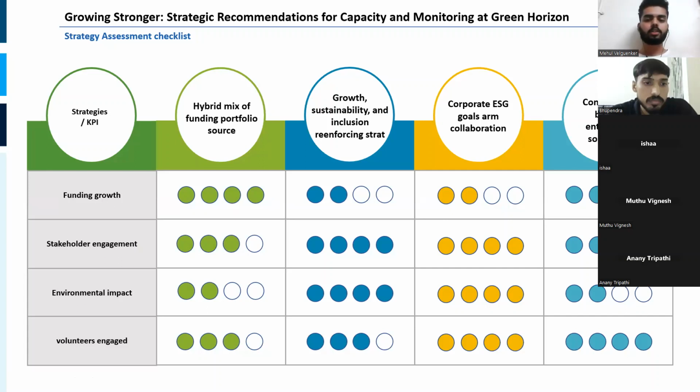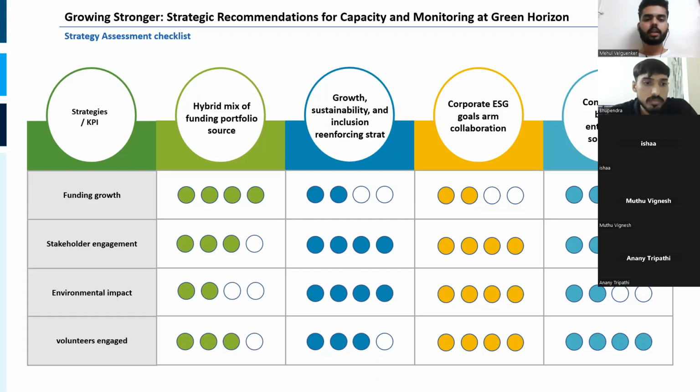So stakeholder engagement will be high when there is an idea of growth, sustainability, and inclusion coming in. And tie-ups with ESG compliant firms will also get in more stakeholders and create awareness. And then obviously environmental impact will be monitored with the second and third idea.